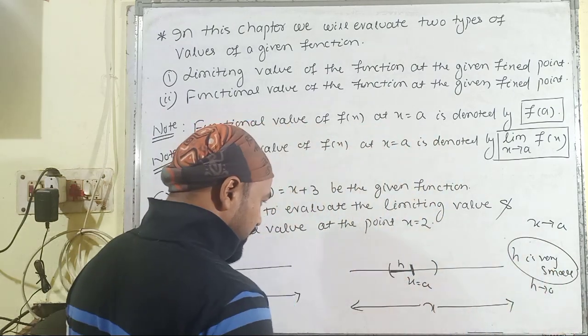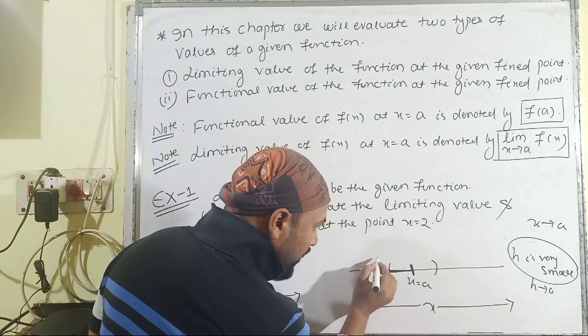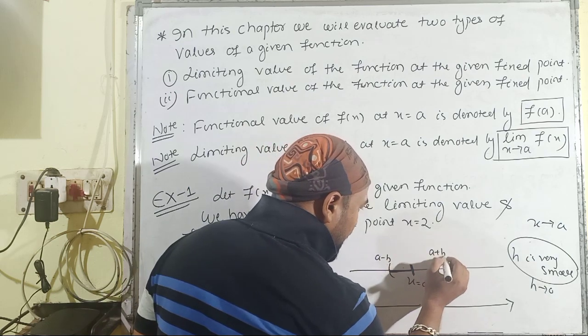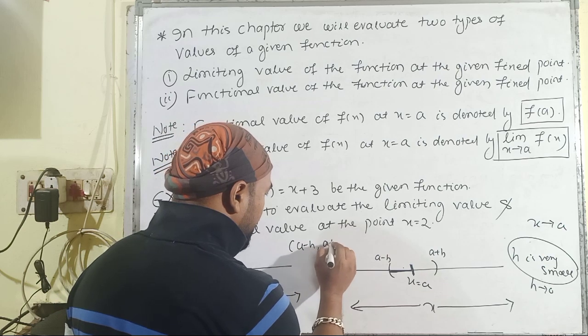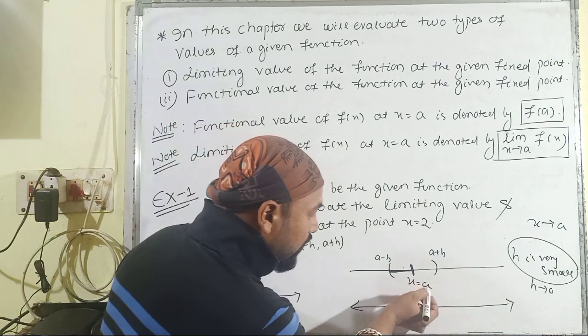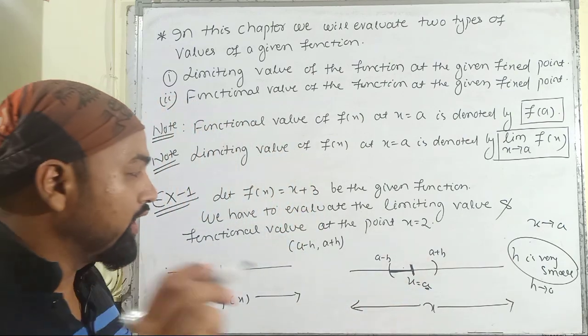Then this point will be a minus h and this point will be a plus h. That means the open interval a minus h, a plus h is called the neighborhood of the point a.